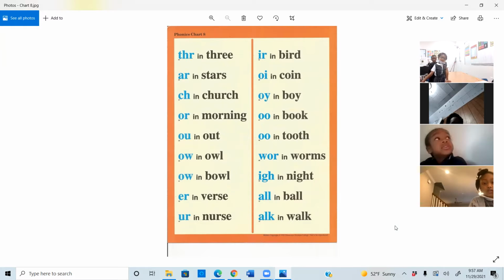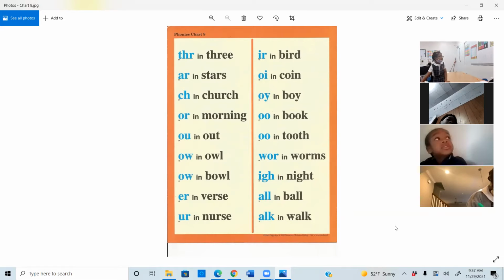ER says er, and verse. UR says er, and nurse. IR says er, and bird. OI says oi, boy and coin. OY says oi and boy.